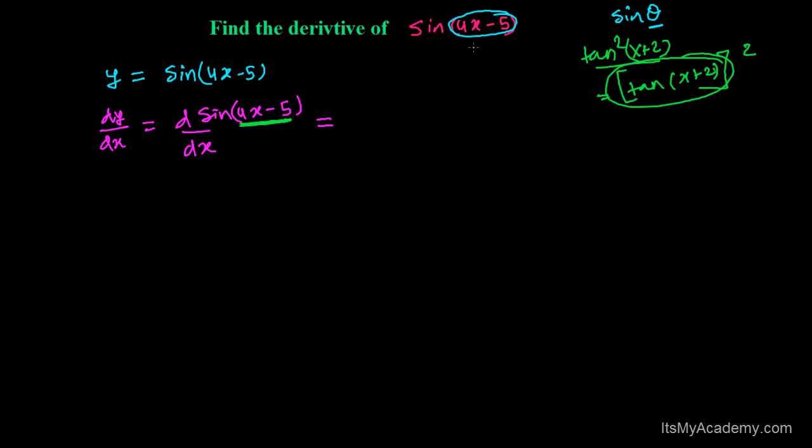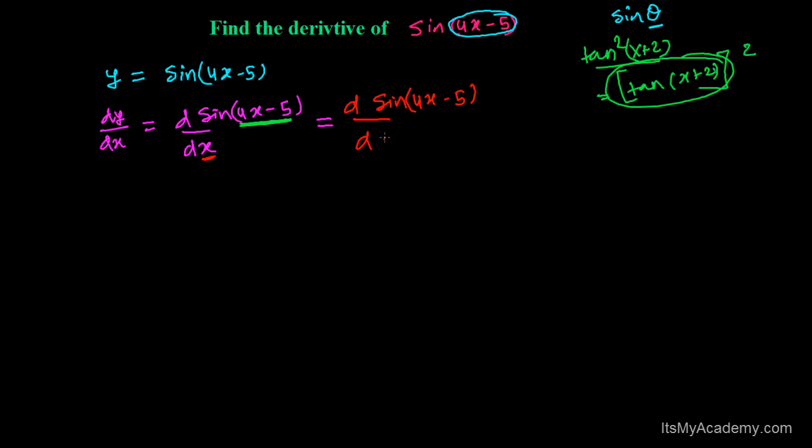So I'm going to differentiate this with respect to 4x minus 5. The angles should be matching. So the derivative of sine 4x minus 5 with respect to the angle, and the angle is 4x minus 5.